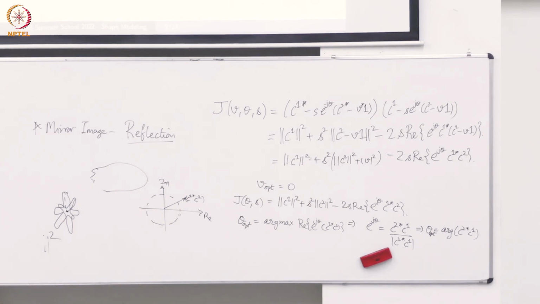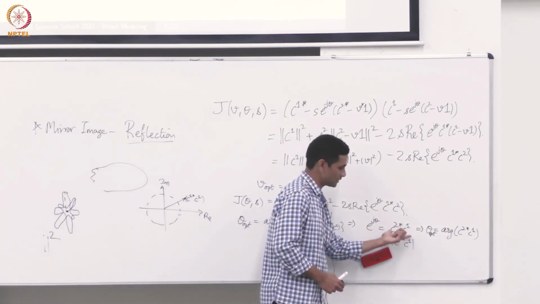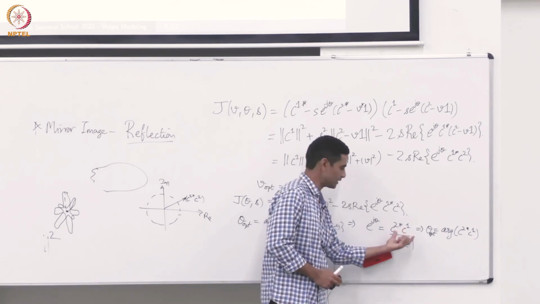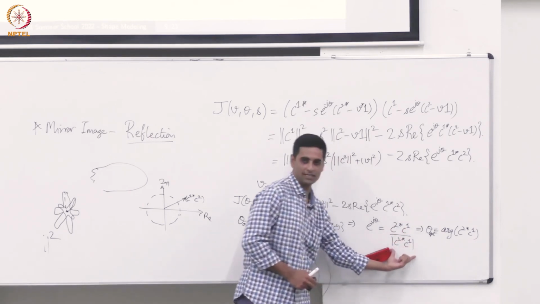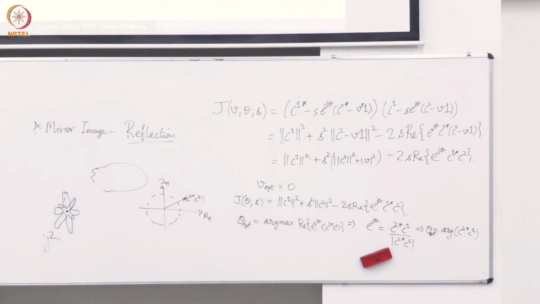Yes. Hmm. See, please remember C1 and C2 are n-dimensional vectors, but C2 star C1 is just one complex number. Therefore, I am just writing it as the absolute value of that complex number and not the norm of that complex vector.